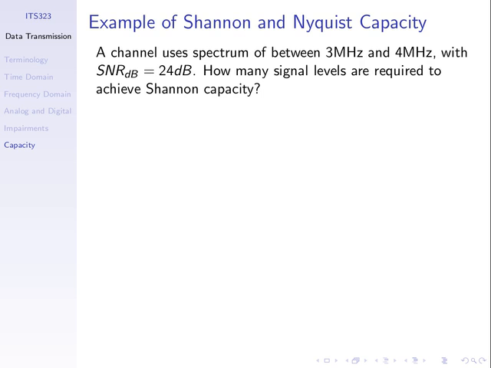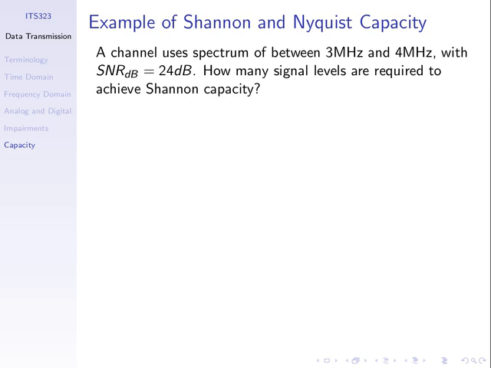That gives us the hint that we're also going to need the Nyquist capacity equation, because that relates capacity to the number of levels. So we should be able to calculate the Shannon capacity. We know the bandwidth B, and we know something about the signal-to-noise ratio. We'll need to come back to that in a moment. Then we could calculate the Shannon capacity, but the question doesn't ask you for that. It asks for the number of levels needed to achieve that.